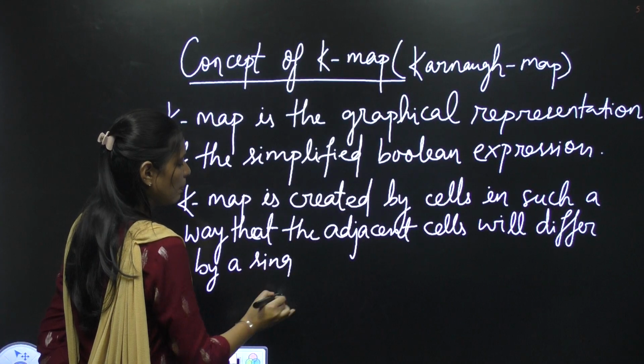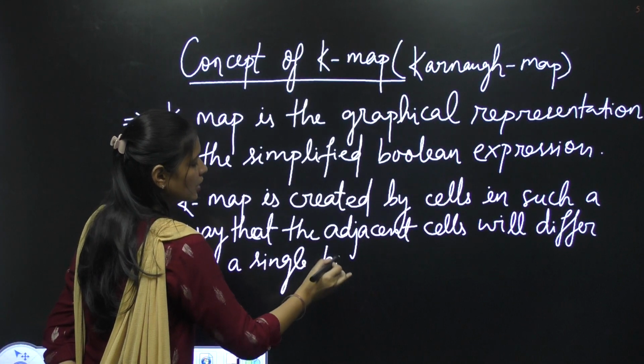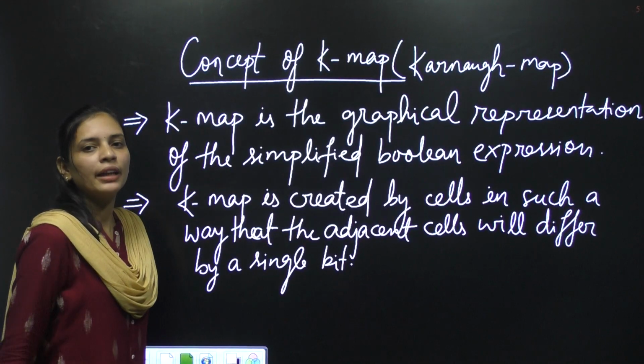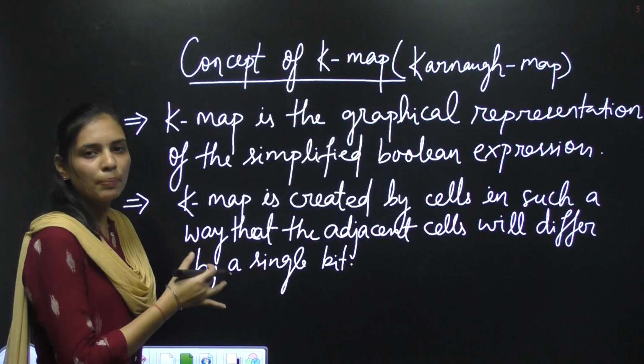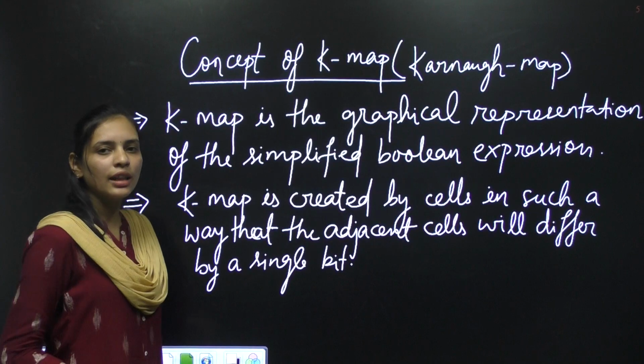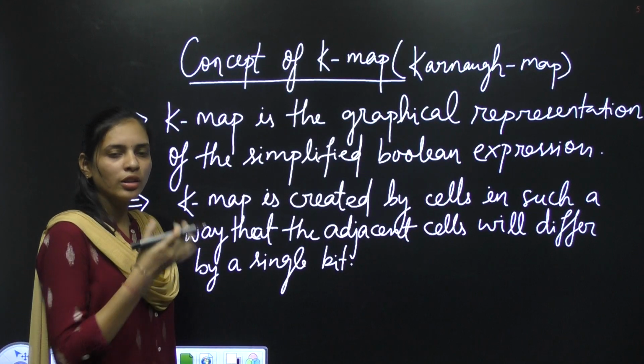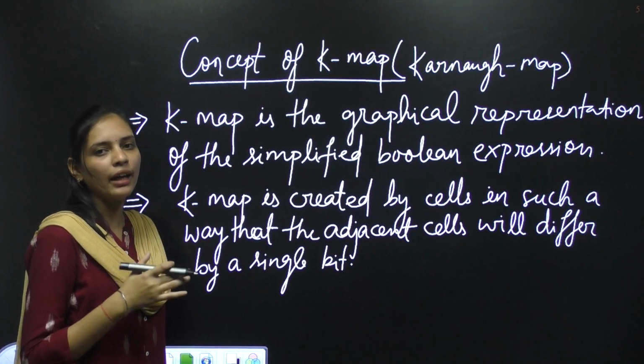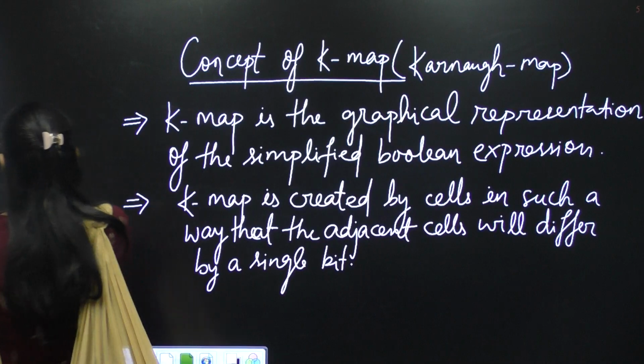Basically, the K-map is based on the Gray code representation, in which we will be constructing the cells, and the cells close to each other will differ by a single bit.